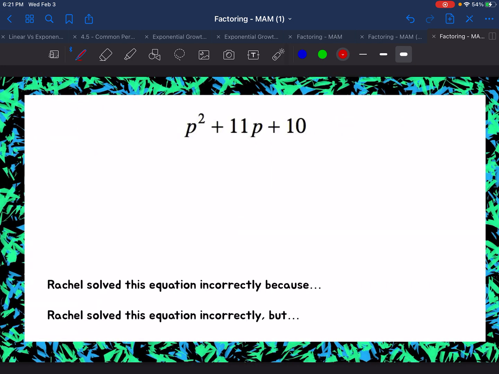Okay, so I am going to solve this equation for you, and you're going to tell me where my mistake is. So look carefully. Oh, we're assuming P and X are the exact same thing, just a different letter.